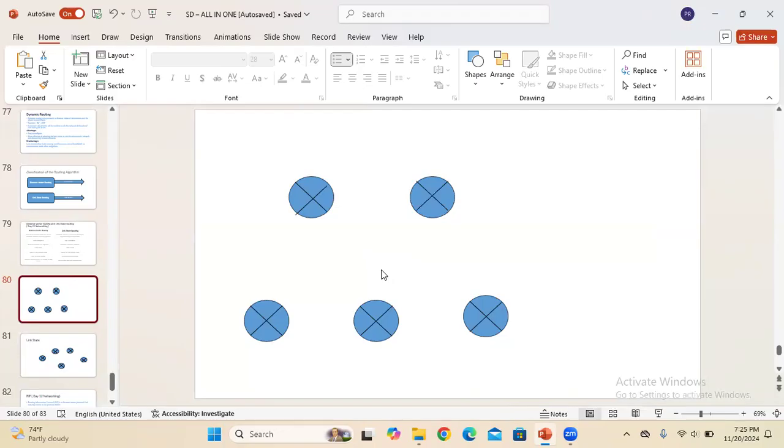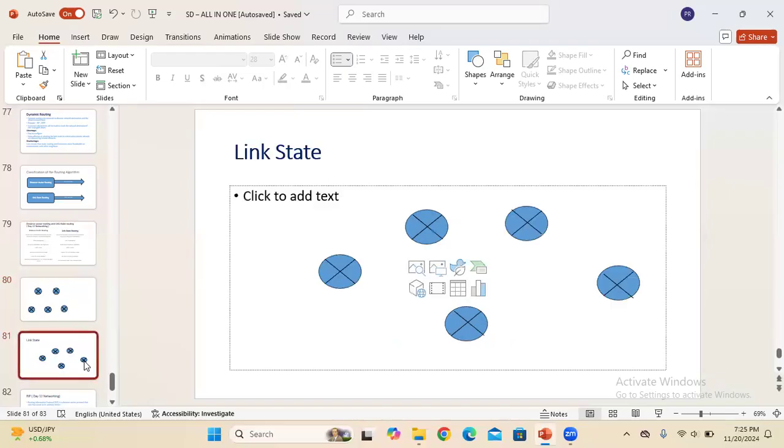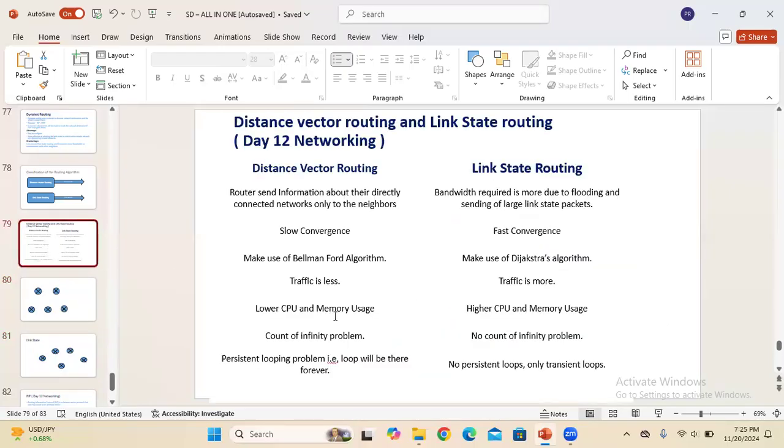We have already seen A to D: there was no direct connection, so via E it is connected, and we calculated the distance 5 plus 7, that is 12. Similarly in link state, all that information is calculated by default, and the shortest path in the topology is taken directly. That is the overall difference between distance vector and link state protocol.